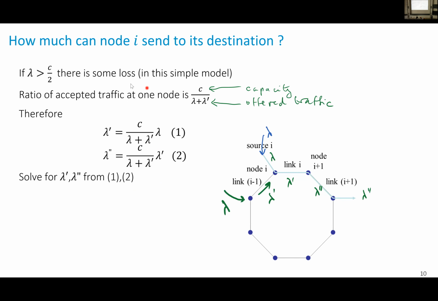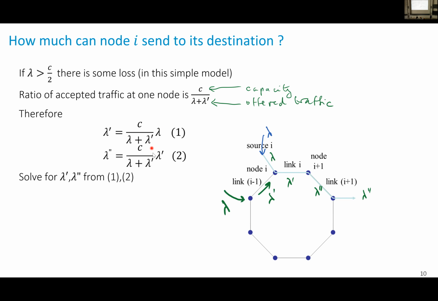Then if we're above capacity, there will be a loss. So we do the same calculation as before. What is the proportion of traffic that is accepted? It is the capacity divided by what is offered, lambda plus lambda prime. Therefore, we can see that lambda prime is equal to this ratio times what is offered, lambda, which, by the way, gives us a fixed point equation that allows us to compute lambda prime.